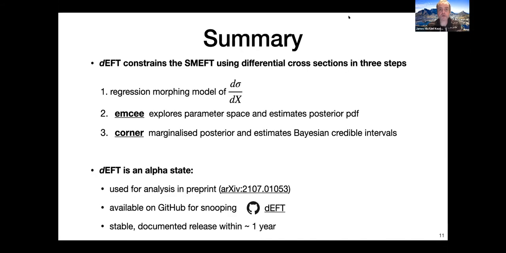Okay, so to summarize, dEFT aims to do one thing well, which is to measure or derive constraints on SMEFT parameters from differential cross-sections. It does this by forming a regression morphing model of the differential cross-section under consideration, and from there on out utilizes emcee to estimate the posterior PDF by exploring parameter space, and marginalizing that to produce final credible intervals.